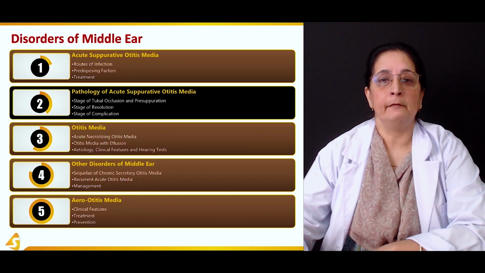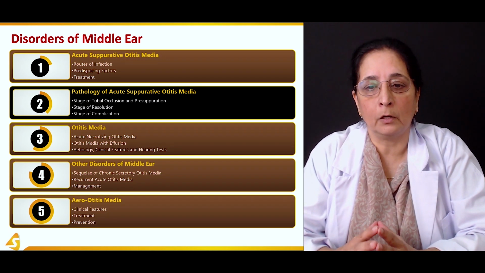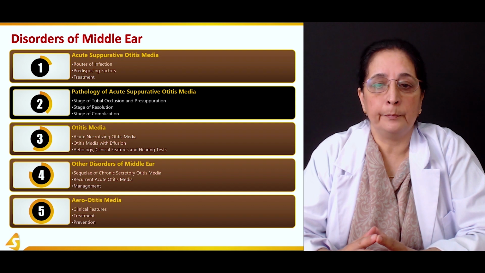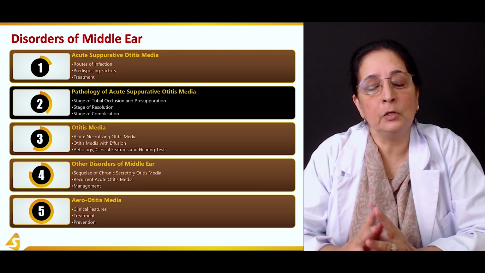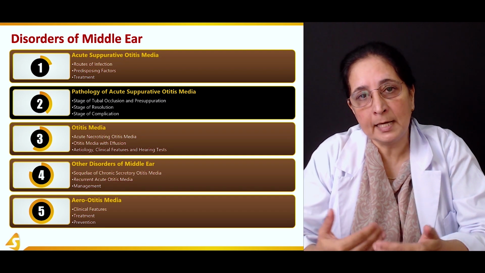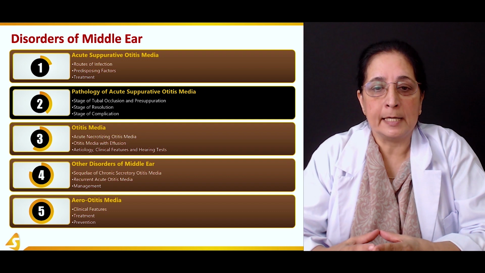In this section, we will talk about the stage of tubal occlusion and pre-suppuration, and also we will talk about the resolution when the recovery is occurring from the suppurative otitis media.